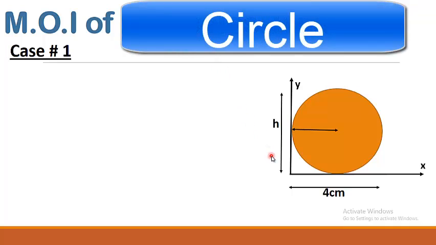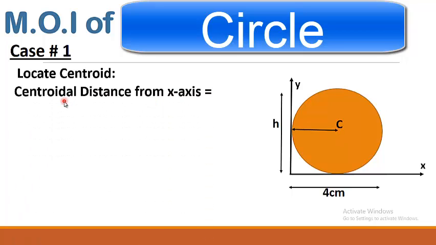Case number 1, as I have told you before, the reference axes are attached to the circle. Now look at the centroid of the circle, that is the center of the circle. The centroidal distance from the x-axis, that is the distance from the x-axis up to the center of the circle, is represented by k, which is the radius of gyration, which I have also discussed in the previous parts.